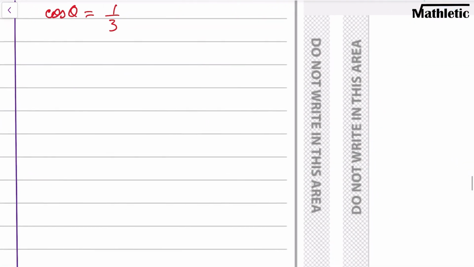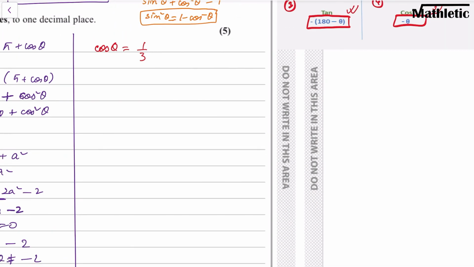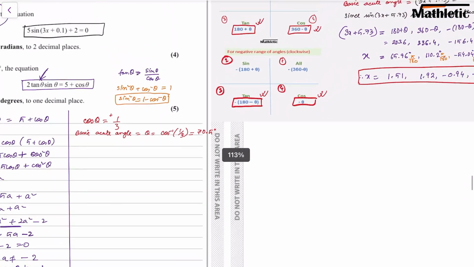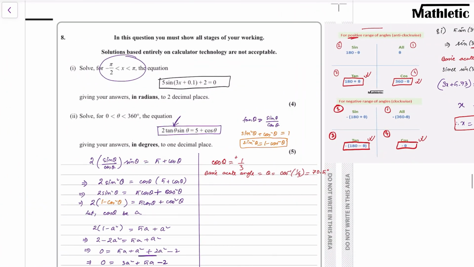Okay, so next, theta is the basic acute angle. Basic acute angle is theta. So cos inverse of 1 by 3 will be 70.5. And cos is positive, and the range is 0 to 360.